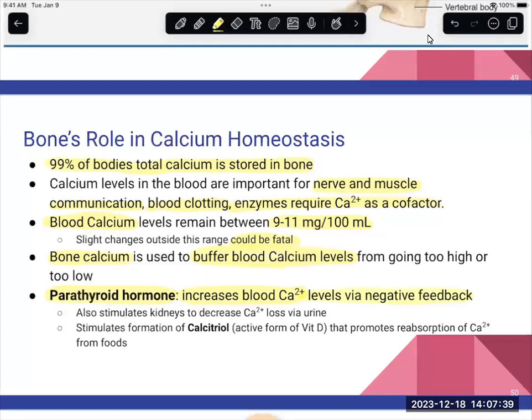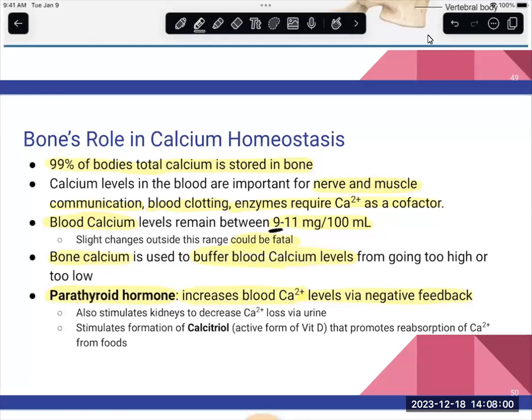I'm saying it backwards. I am sorry. There's one hormone that does one way and one hormone that does the other way. Parathyroid hormone does increase your blood calcium level. So your calcium level falls below that 9 milligrams per 100 milliliters.